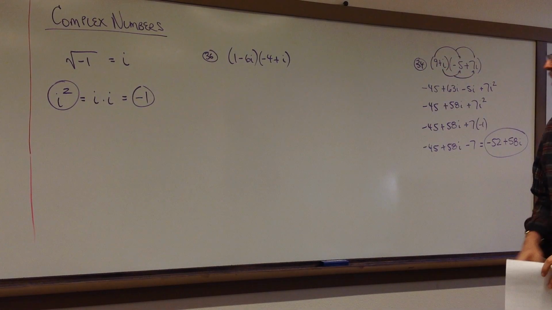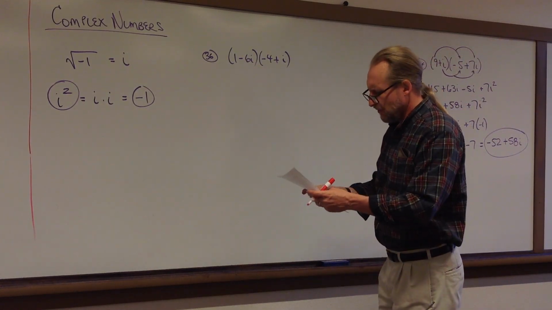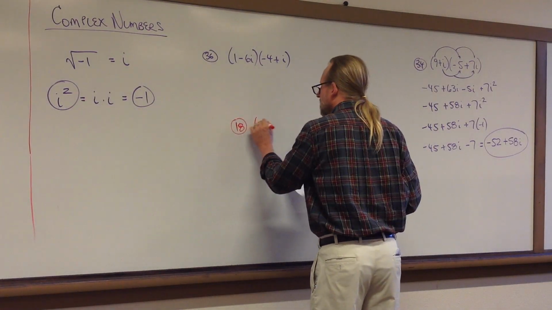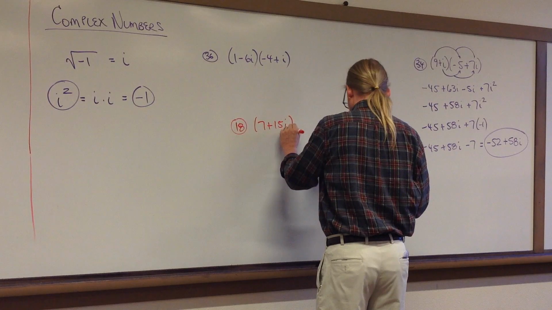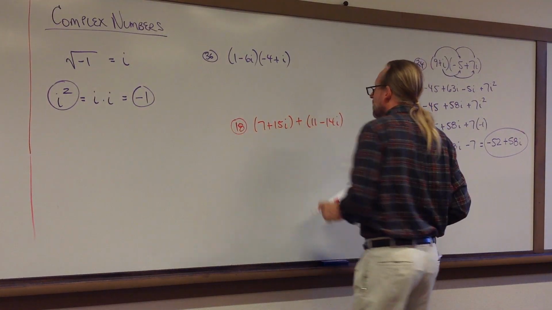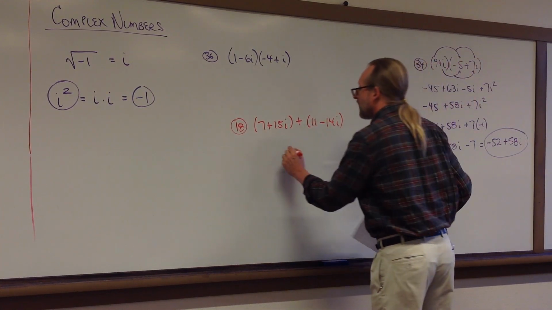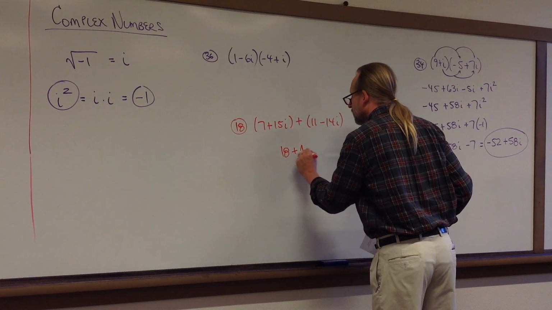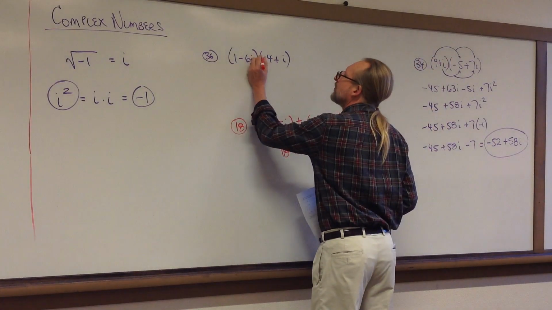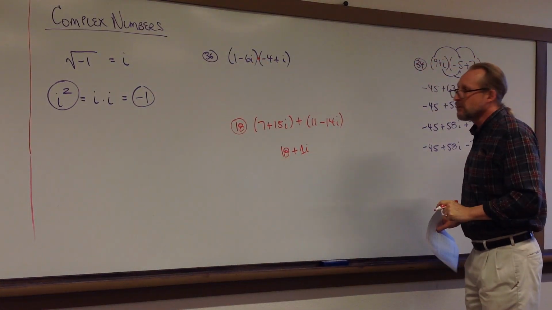And here it is. Notice the difference between these problems, which involve multiplication, and something like problem 18, which was about addition. This plus sign indicates the addition. That's why we got 18 plus 1i. Here, if these two parentheses are just bumped right up against each other, that means we're doing multiplication.